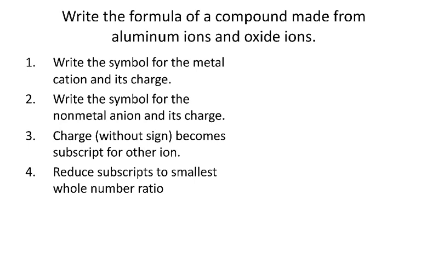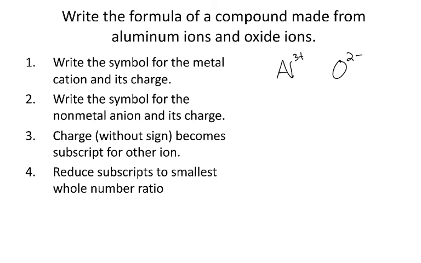All right, so let's look at a couple examples now. I want to write the formula of the ionic compound made from aluminum ions and oxide, or oxygen, ions. The way I do it is I write down each atom and the charge I know it has when it's an ion. So aluminum likes to be +3 and oxygen likes to be -2. The charges have to cancel out, so the positive charges on the aluminum have to cancel out the negative charges on the oxygen.